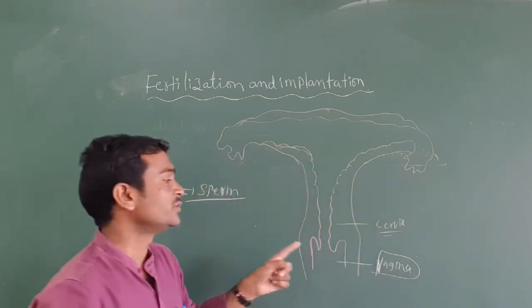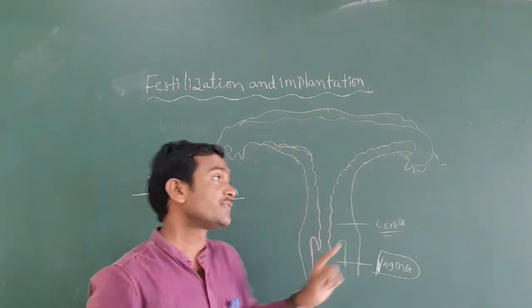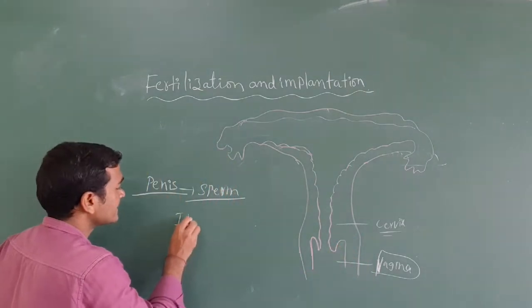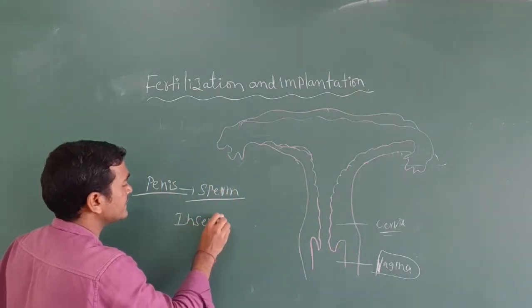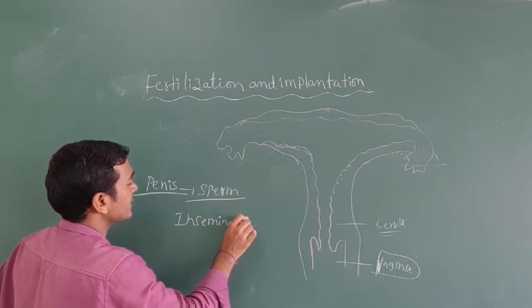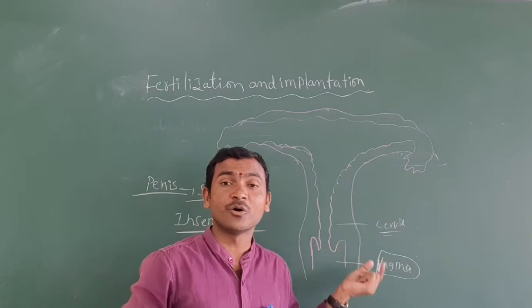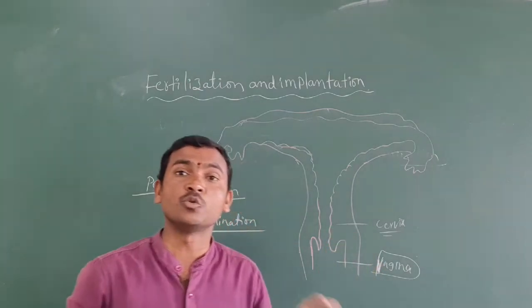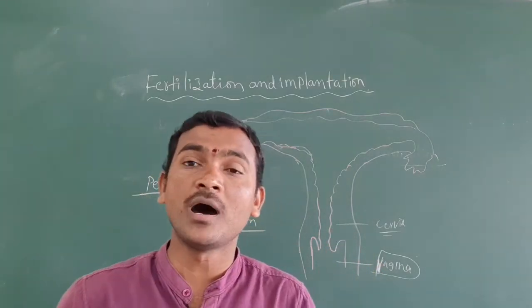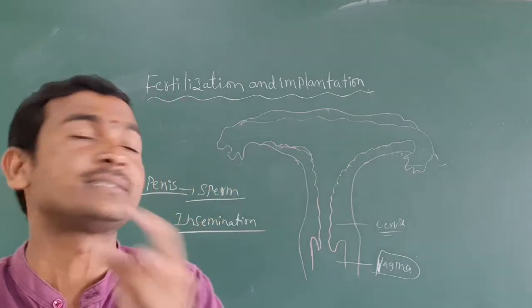The sperm is released into the vagina. This phenomenon is called insemination. What is insemination? It means the sperm is released into the vagina during sexual intercourse, coitus, or copulation.